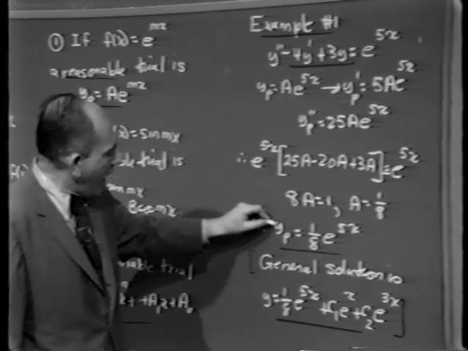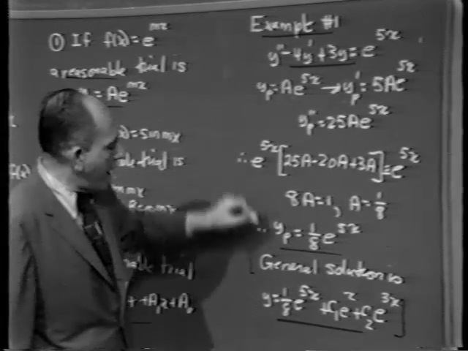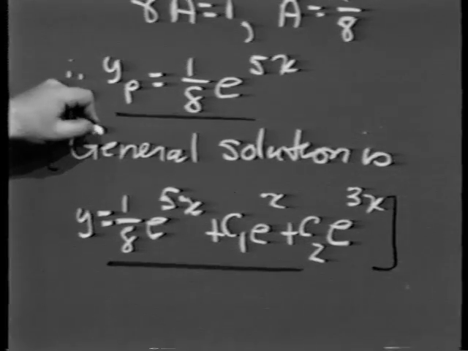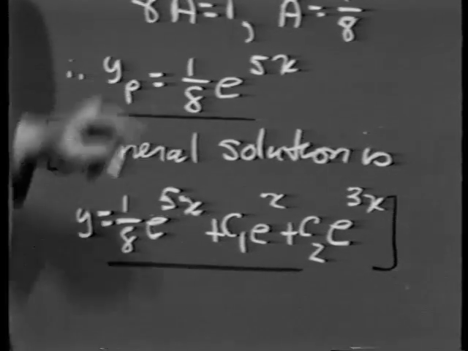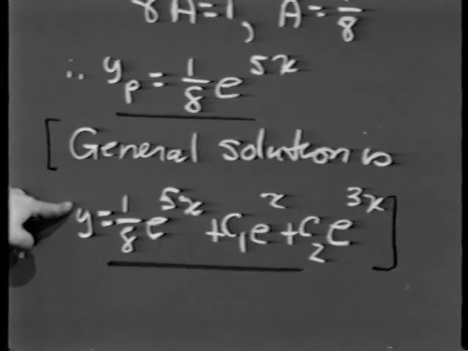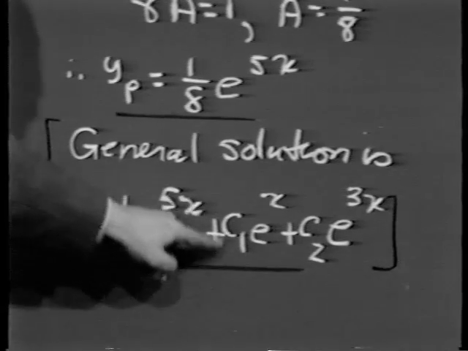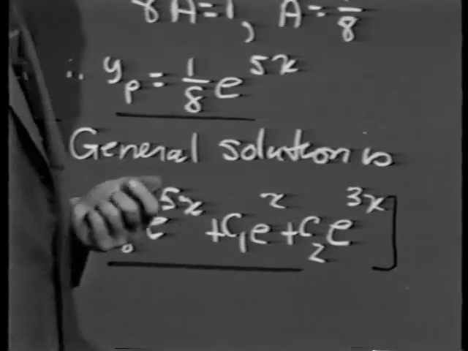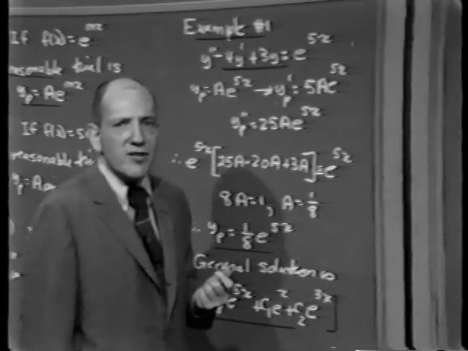So the general solution of this equation is obtained merely by tacking on the general solution of the homogeneous equation to the one particular solution that we've found. In other words, the general solution of the equation given in this example is y equals 1/8 e to the 5x plus c1 e to the x plus c2 e to the 3x. Okay? That takes care of our first illustration.